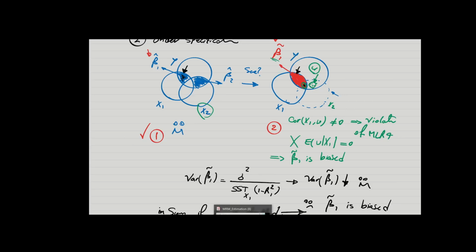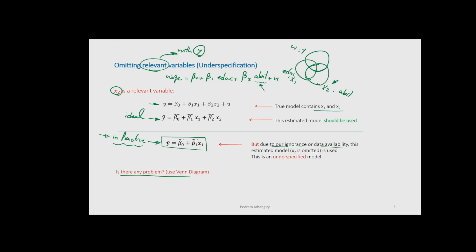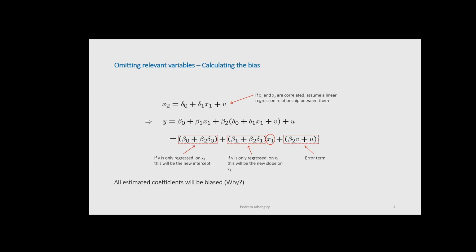All right, now let's quantify this. Intuitively, we kind of know what we're talking about, but let's see mathematically how we can quantify it. As a reminder, this is your true model. Let me write it down: y is equal to beta 0 plus beta 1 x1 plus beta 2 x2 plus u.